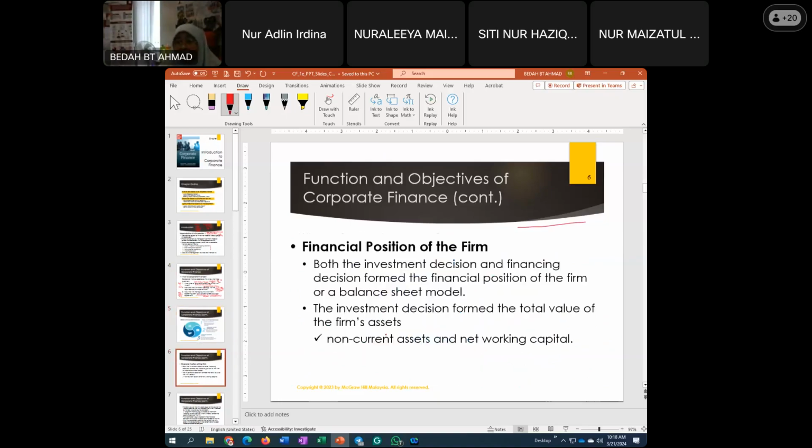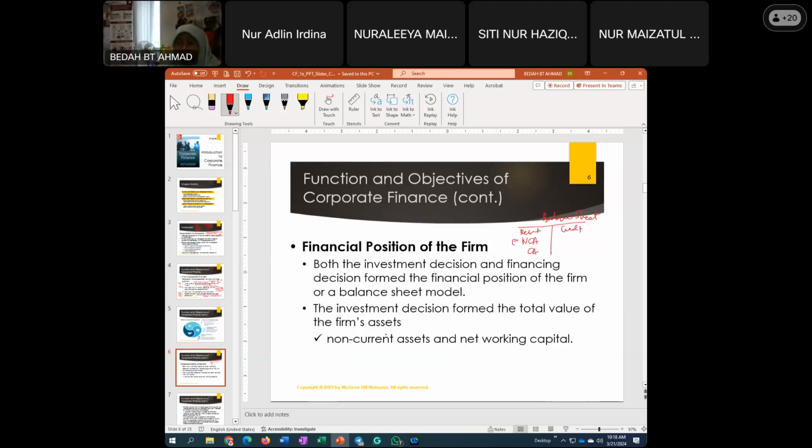As I mentioned, last time, in the old school, we called it the balance sheet. Now we call it the statement of financial position. So this is the debit, this is the credit. The debit side is actually your assets, your non-current assets and your current assets.